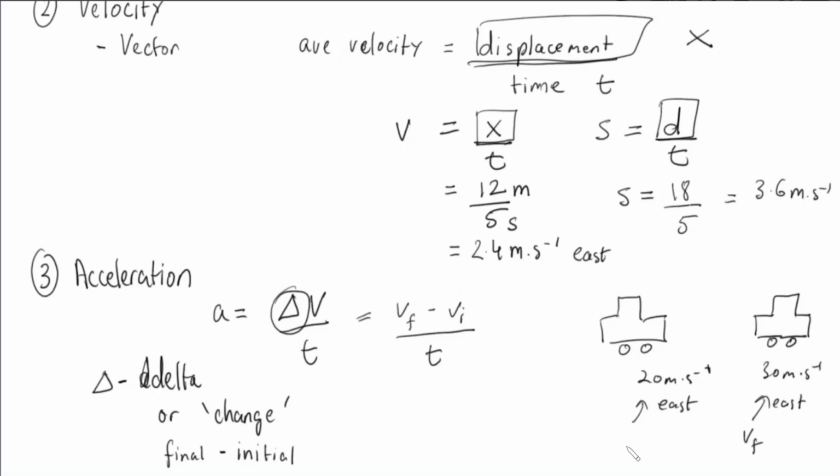Our initial velocity would be 20 meters east. So we can plug that in, and our time would be 10 seconds. So we could plug these values in to find the acceleration, to say 30 minus 20 divided by 10, which gives us an acceleration of 1 meters per second divided by seconds, which is 1 meters per second squared.